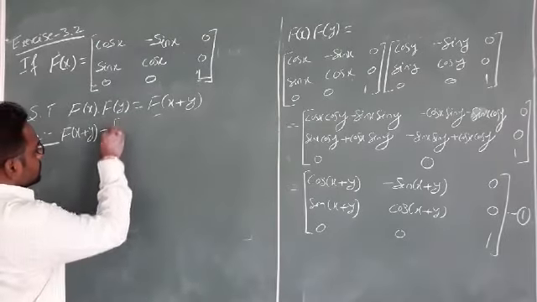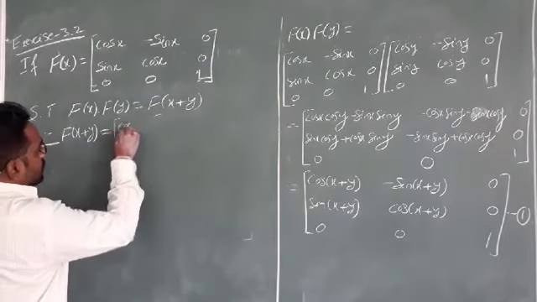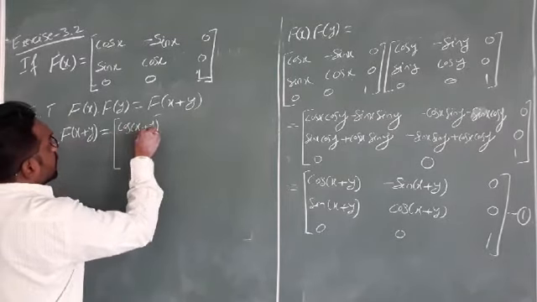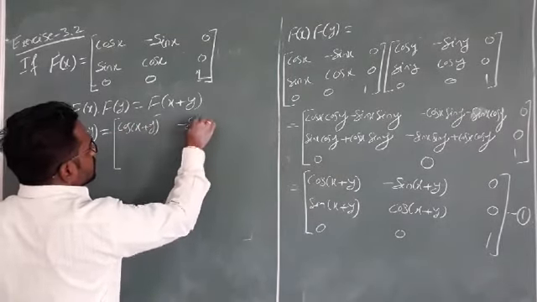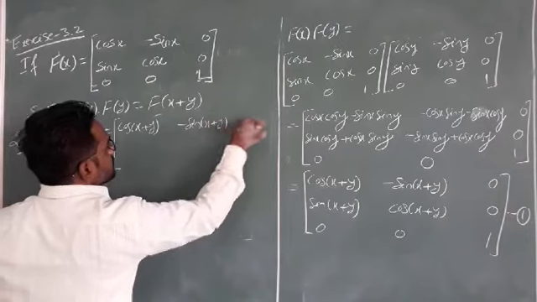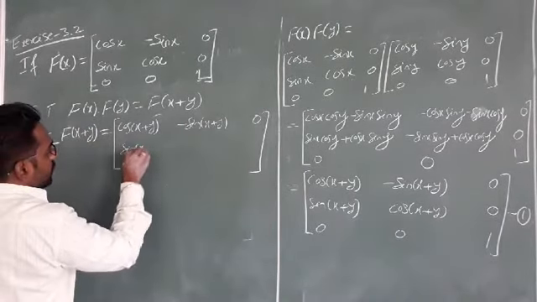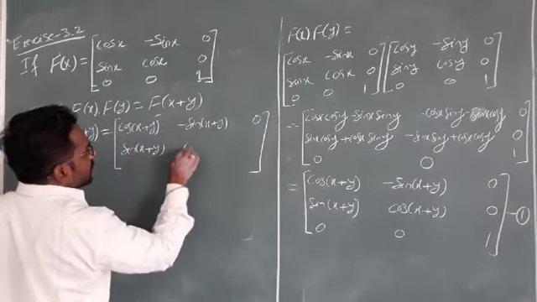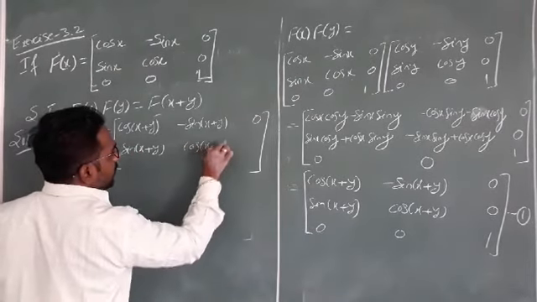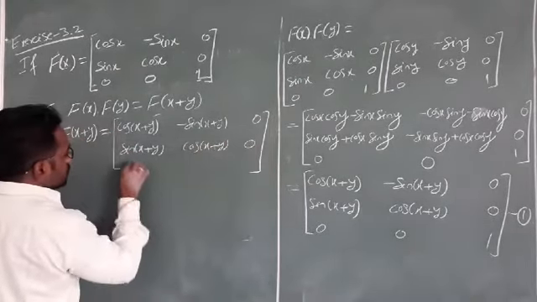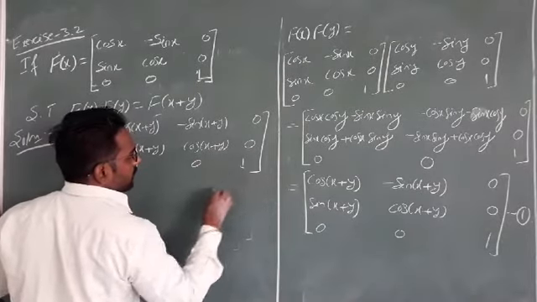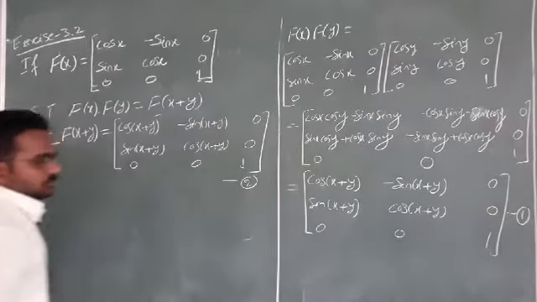So what is the result here, students? Cos of x plus y, minus sin of x plus y, 0; sin of x plus y, cos of x plus y, 0; 0, 0, 1. Take it as equation number 2.